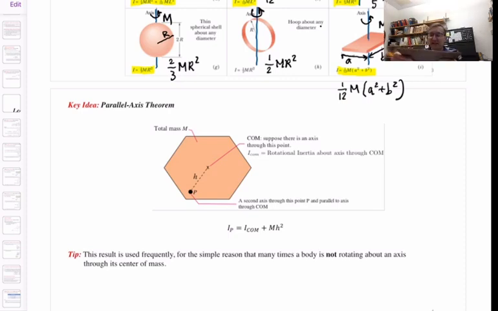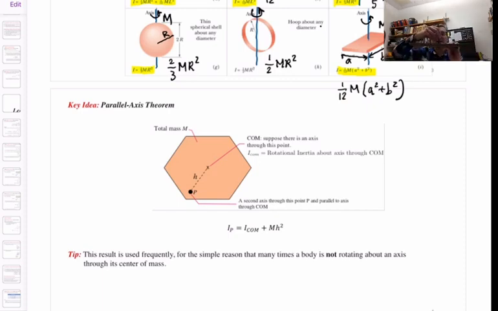What if I put my axis not through the center of mass point, but through one of these other holes over here to the side? Now it's not going through the center of mass, and I still have it rotate about that axis. You could do it. How do you find the I for a case like that?